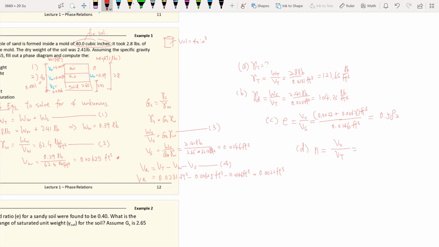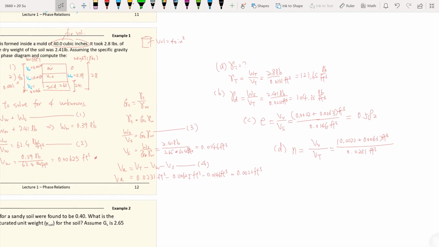And the volume of void, one more time, is 0.0022 plus 0.0063 cubic feet. And then the total volume is 0.0231 cubic feet. And then this will be equal to 0.368.